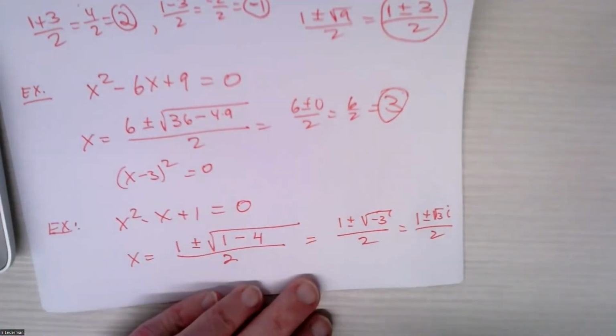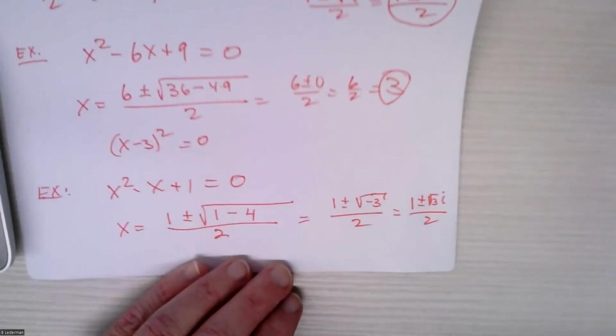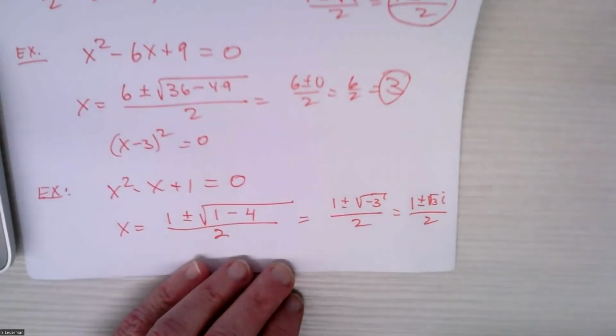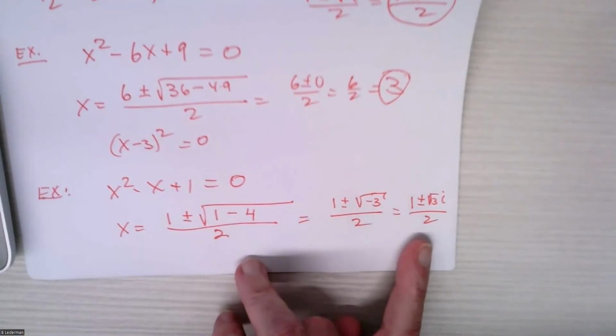Now, there are still two zeros. There's still two roots of the equation, 2 zeros.